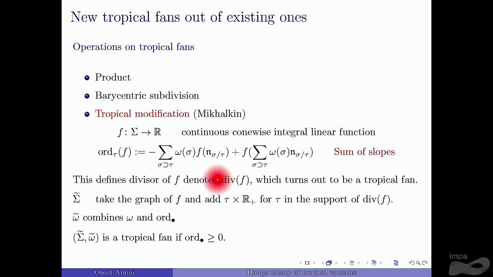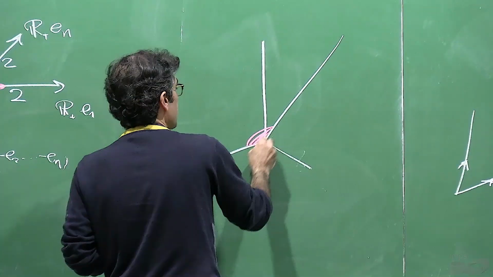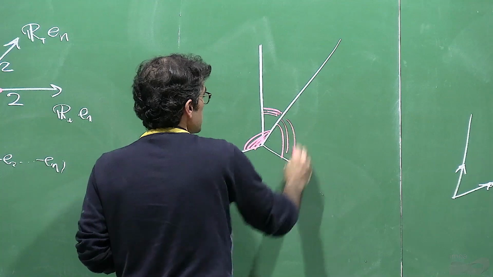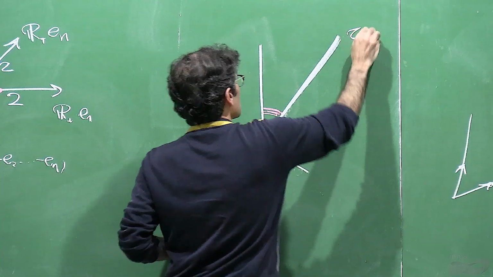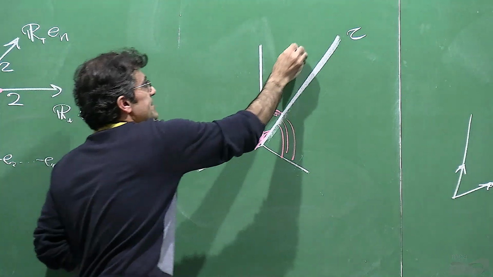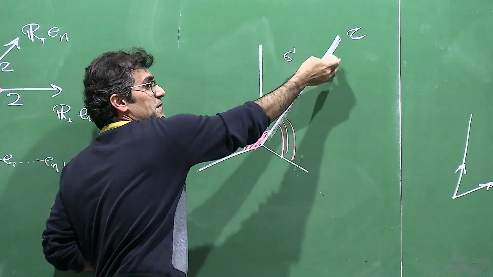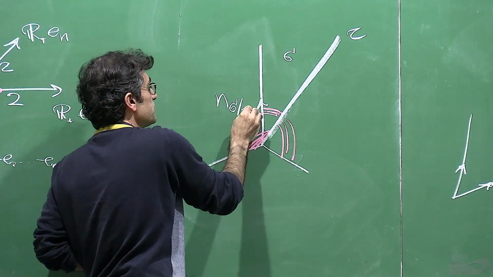So I have my cone tau here, a d minus 1 dimensional cone. If I take a d-dimensional cone sigma containing it, I have a unique ray which is in sigma but not in tau, and I have the corresponding generator, n sigma tau.